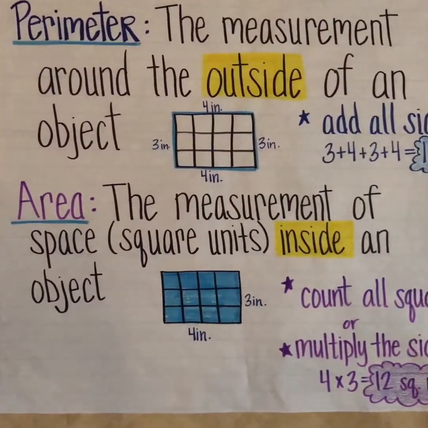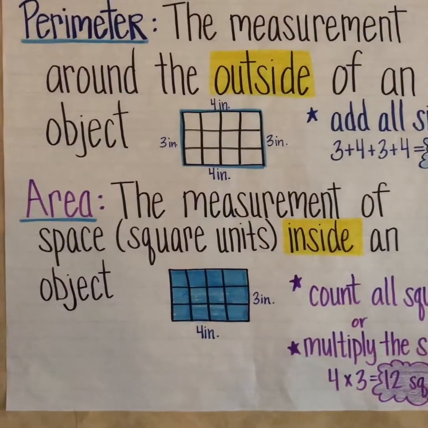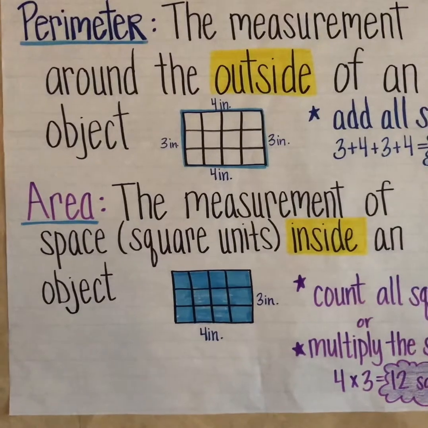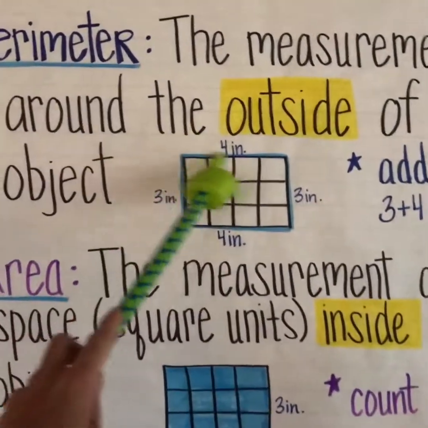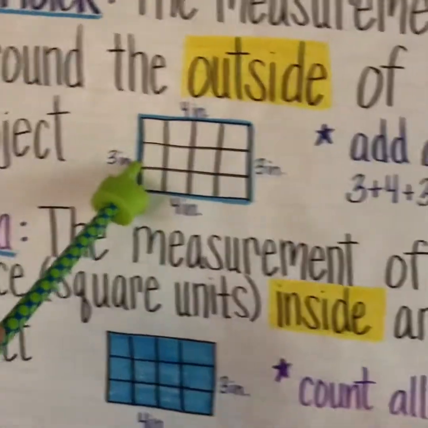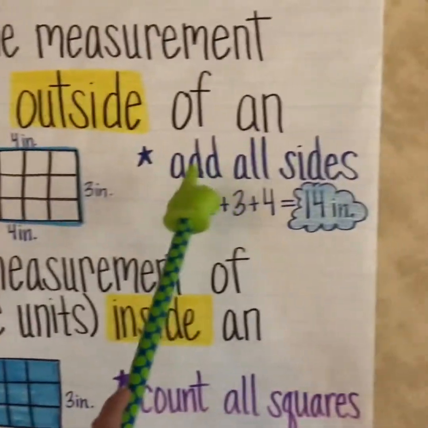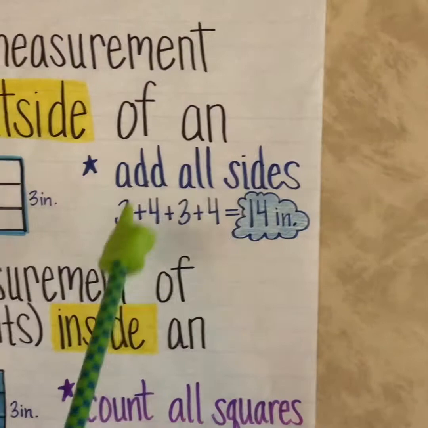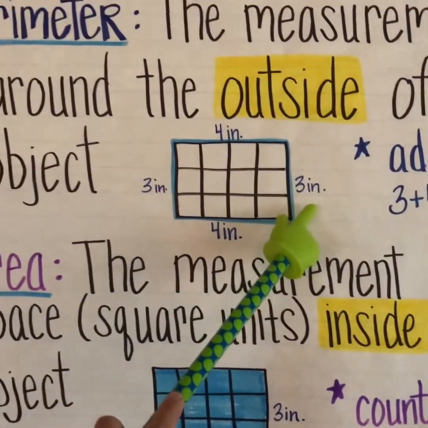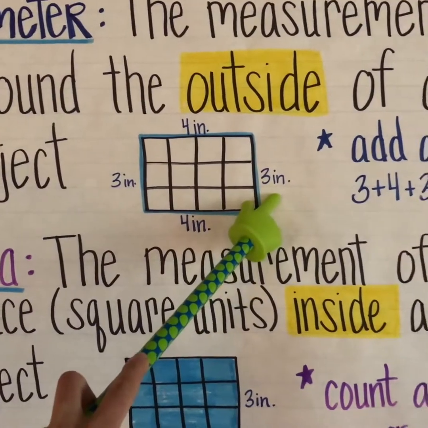Now today we're going to focus on perimeter. To find the perimeter of an object, you need to know the length of the sides. In order to find the total perimeter, you need to add the length of all the sides together. This rectangle is 4 inches long and 3 inches wide.